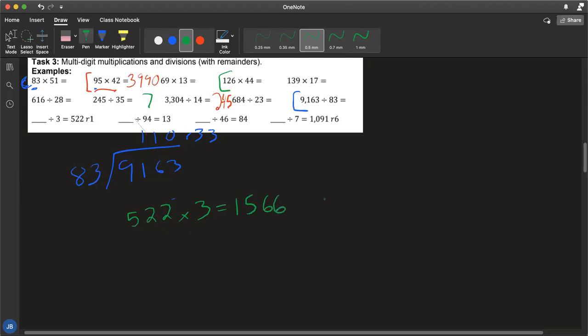And since there's a remainder, you have to do 1,566 plus the remainder, which is 1. Plus our remainder. Perfect. And then you get 1,567. Perfect. Does that look right for everybody else too? That looks really good to me.